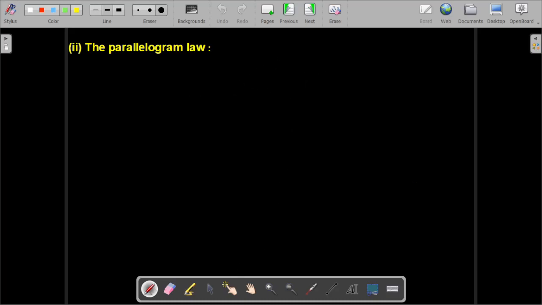Suppose these two vectors are acting this way, this vector A and this vector B, and they make an angle between them.